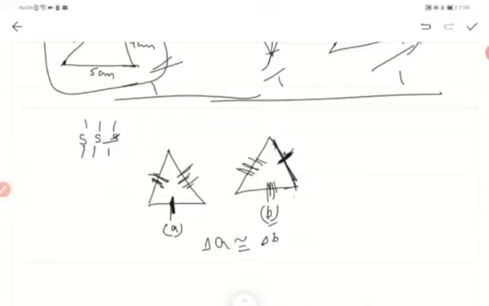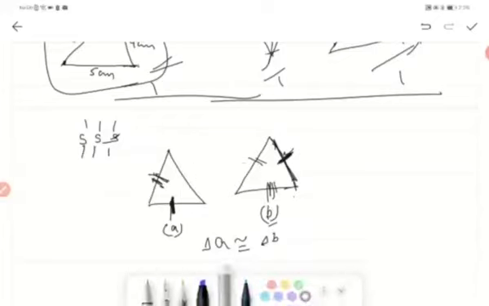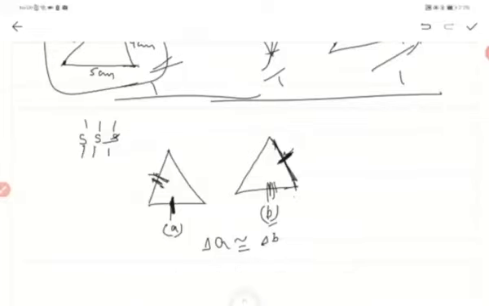Now suppose I have only two sides matching, and the third side is different. This side is not equal to this length, so at that time we can't say these two are copies of each other. So remember, we say triangles are copies of each other, or congruent, only when all the sides are the same when you are comparing two triangles.